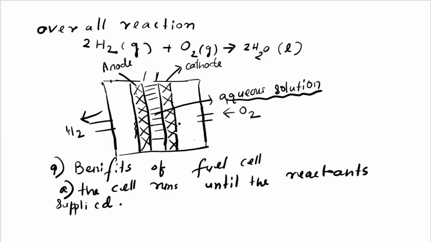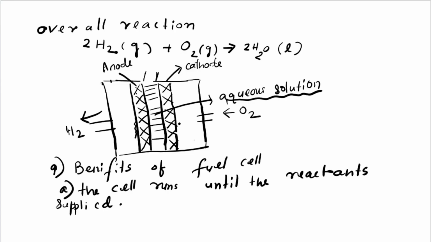So what happened here? Hydrogen plus oxygen gives water. In the middle is potassium hydroxide aqueous solution, with the cathode on one side and the anode on the other, oxygen supplied on one side and hydrogen removed on the other.